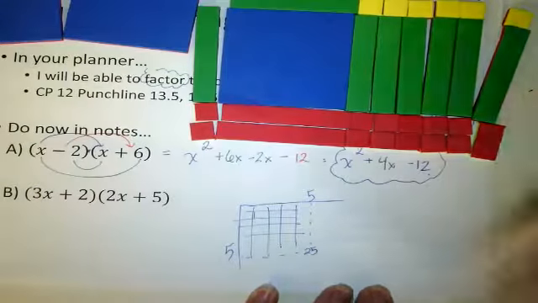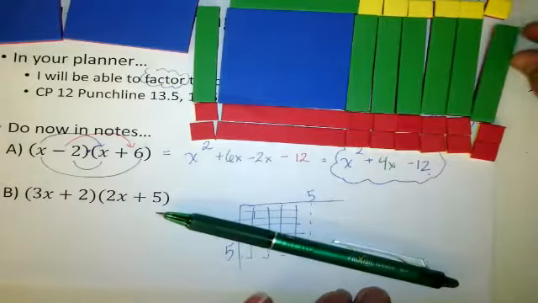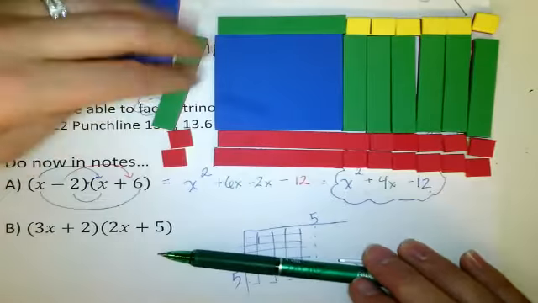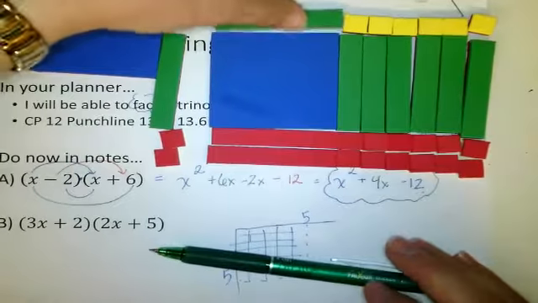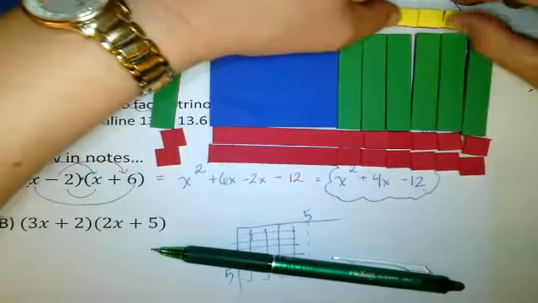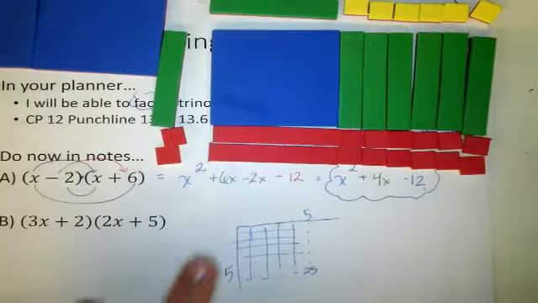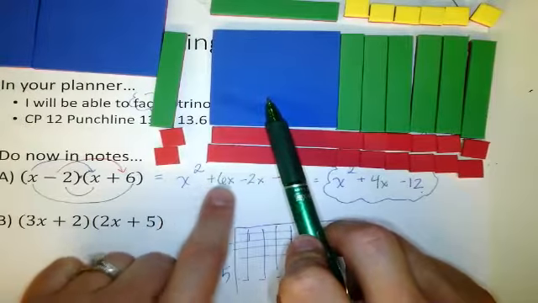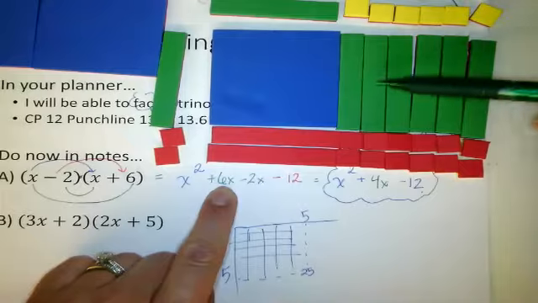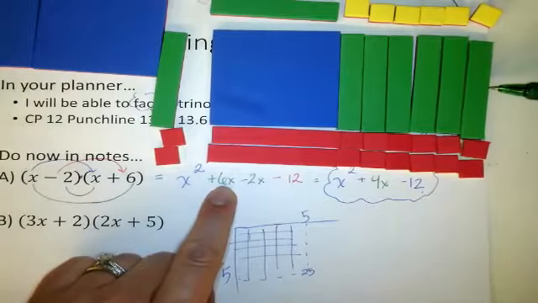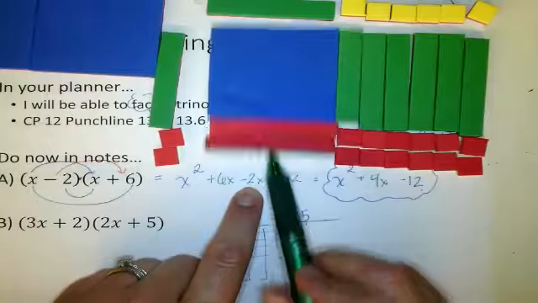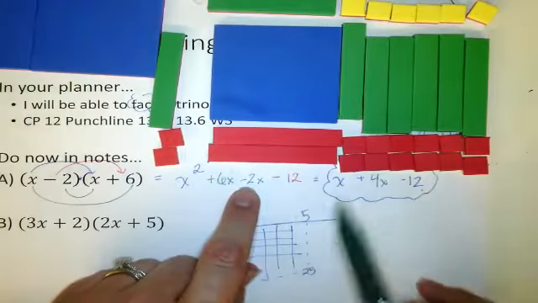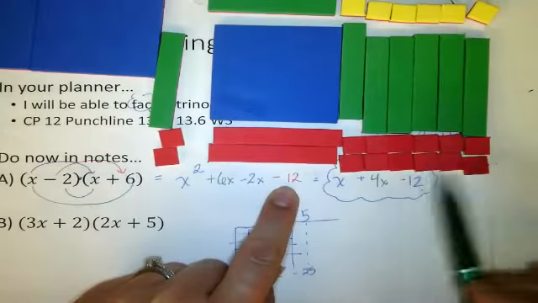When we multiply x minus 2 times x plus 6, we get 1x squared plus 6x's plus 2 negative x's, negative 2x's right there, and 12 negatives.